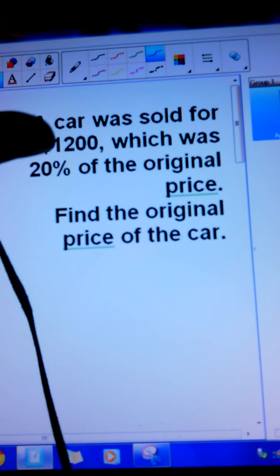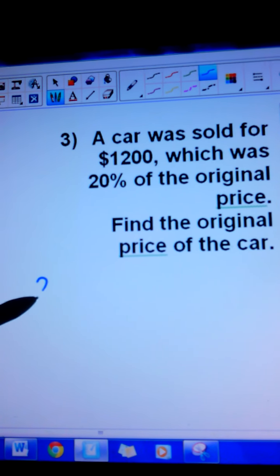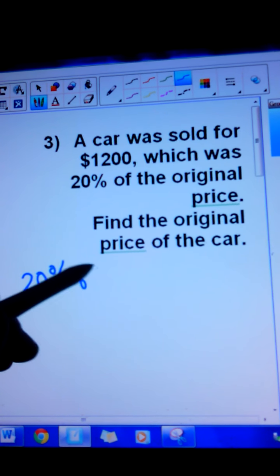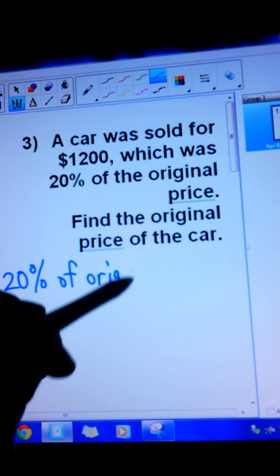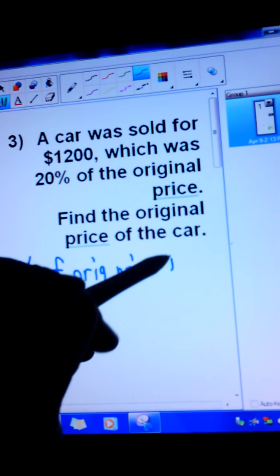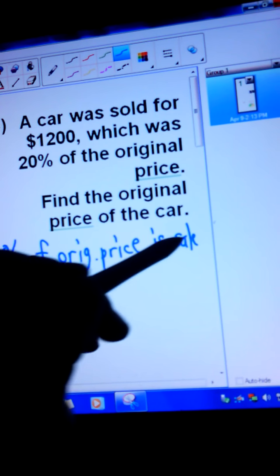Okay, so we could say that 20% of the original price is the sale price.